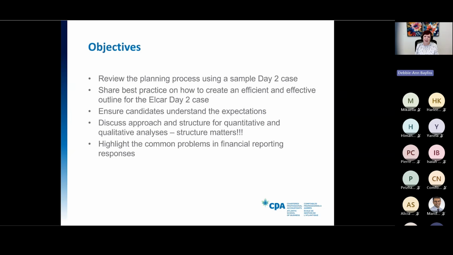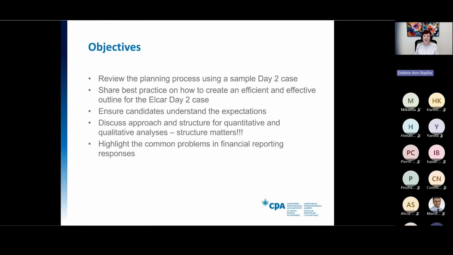Now, I'm only going to be able to do a partial outline because of our time constraints. To increase your chances of preparing a competent response, I'm going to review the Board of Examiners' expectations. I'm also going to discuss the approach and the structure that I strongly recommend you use when you're performing quantitative and qualitative analysis. Structure matters.